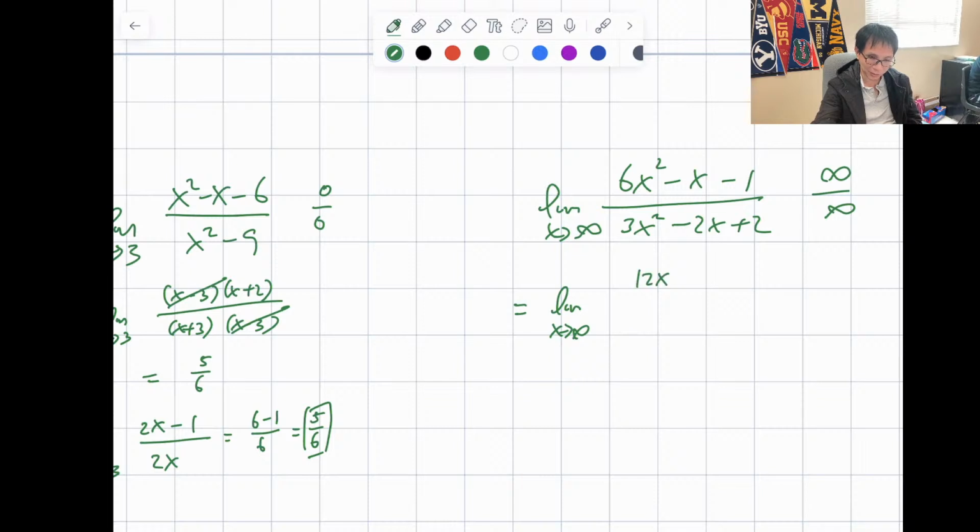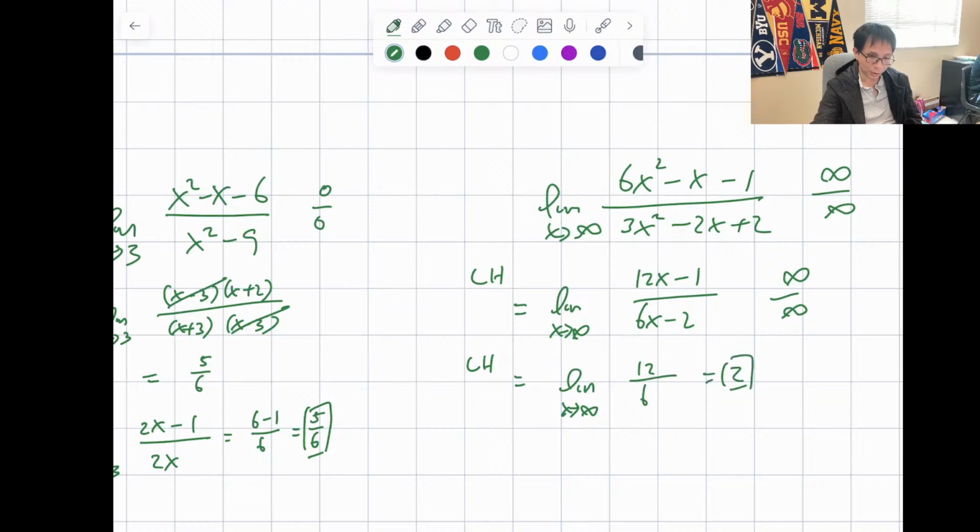I'm just going to take a derivative, right? And I'm still going to get infinity over infinity, so L'Hopital again. So that's going to be the limit as x approaches infinity of 12 over 6, which is equal to 2. So it could just go on forever and ever. It can keep on going.